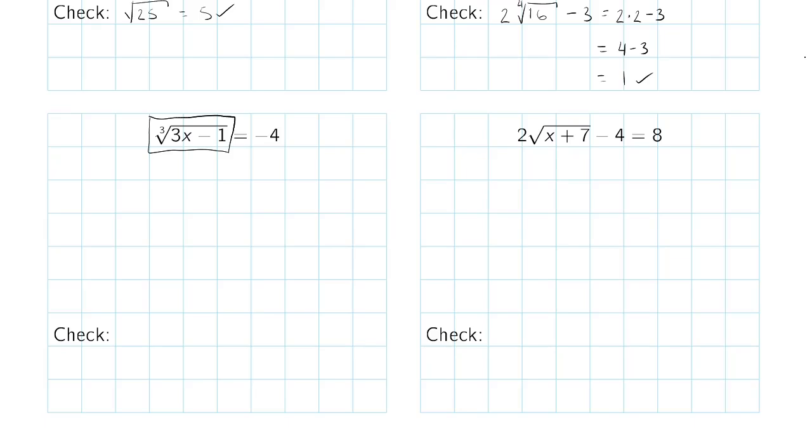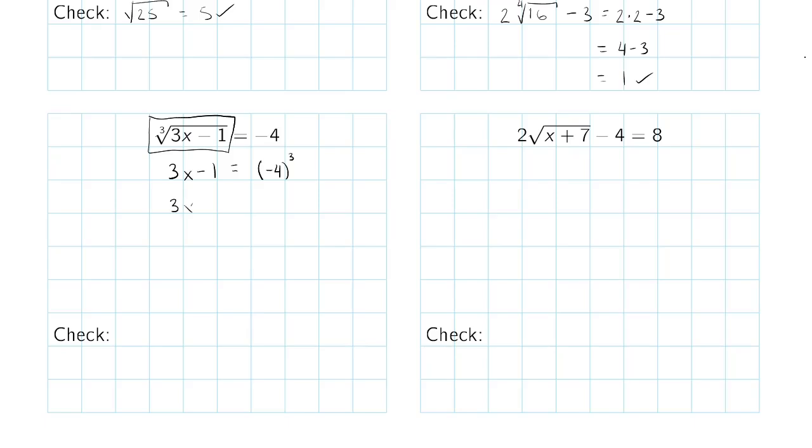Everything happening on the left side of the equation is inside that radical. So there's nothing we need to do to isolate that. We can immediately rewrite this as 3x minus 1 is negative 4 to the third power.